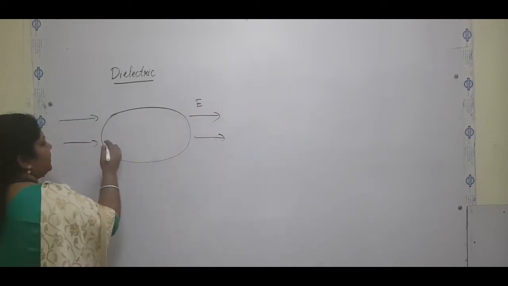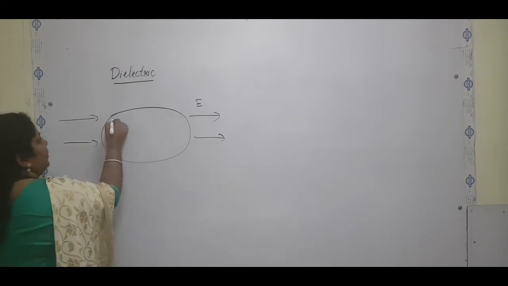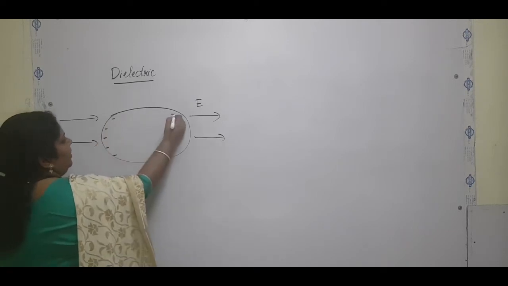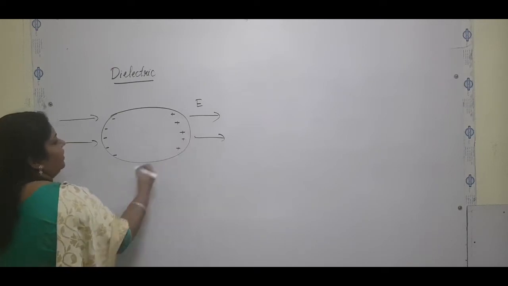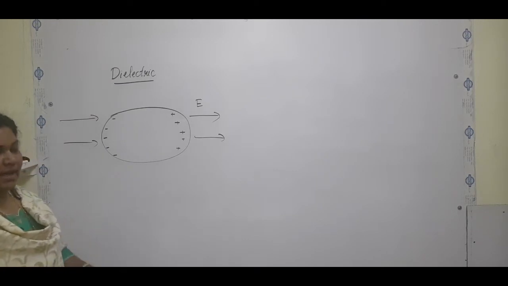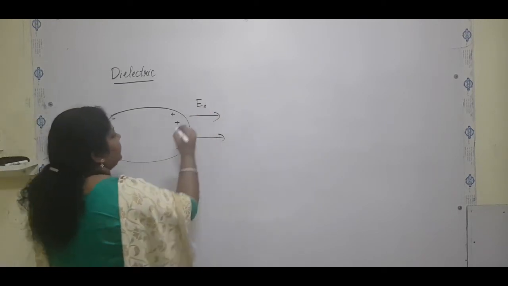Because of the electric field, you can see that the charges will align, and all the positive will come like this. So an external electric field is applied, which we mark as E0.